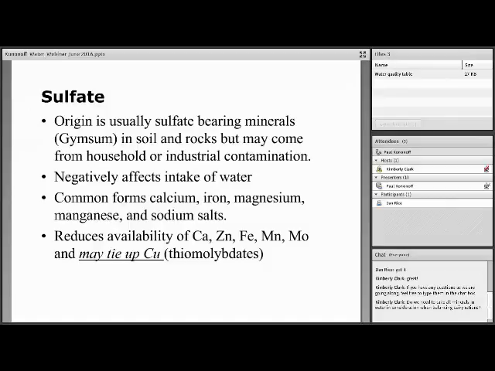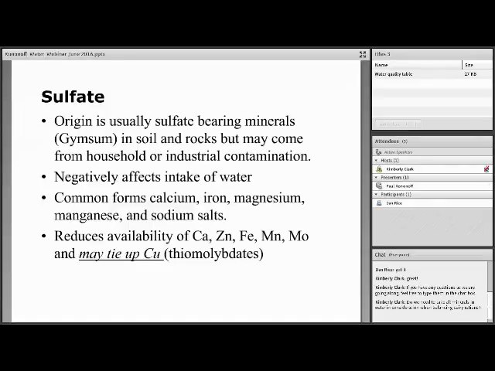So one thing that you'll hear a lot about in terms of water quality and dairy production is sulfate. And we usually see sulfate in the water coming from sulfate-bearing minerals in the local geology, which is found in the soil and rocks. But it's important to also note that sulfates can come from household or industrial contamination.